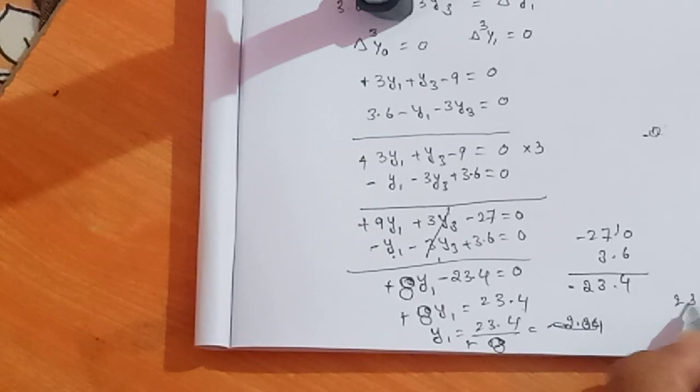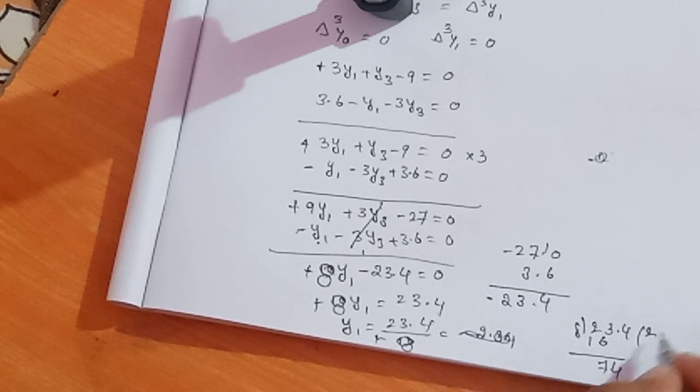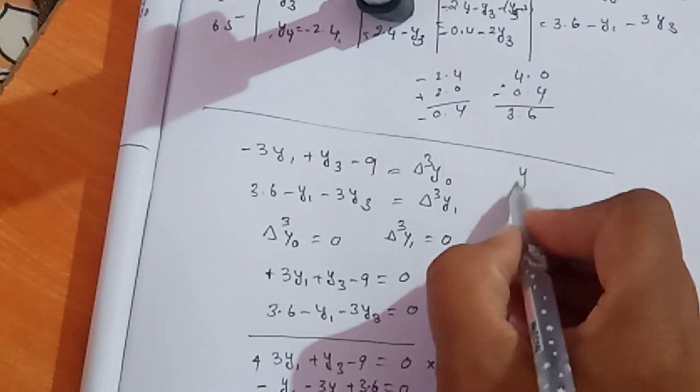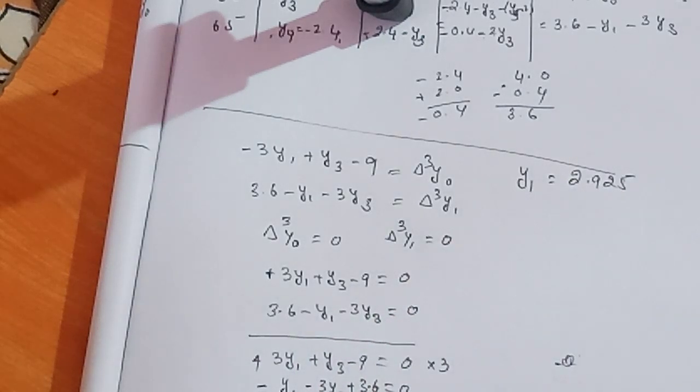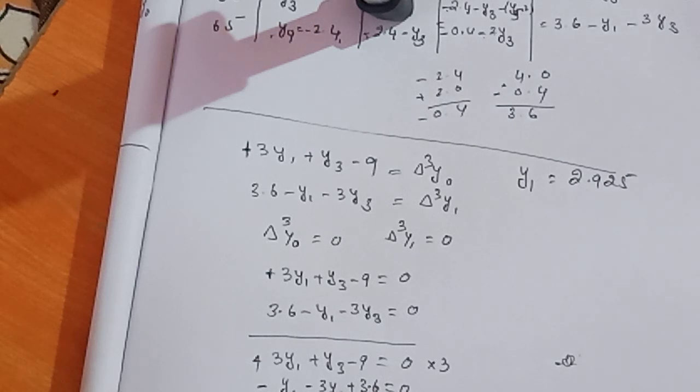So what we will get? 23.4 divided by 8. So 8 2s are 16, so 23 minus 16, 7. Again 0.4, keep point here. So 8 9s are 72, and we will get 20. So again 8 2s are 16. Again we will get 40, 8 5s are 40. So y1 value is 2.925. Alright. So y1 value is, this is plus not minus, sorry. So y1 value is 2.925.